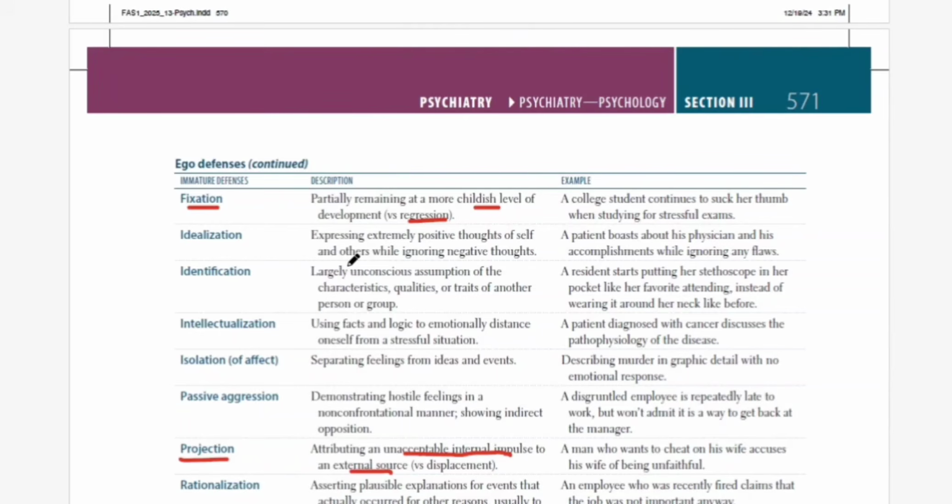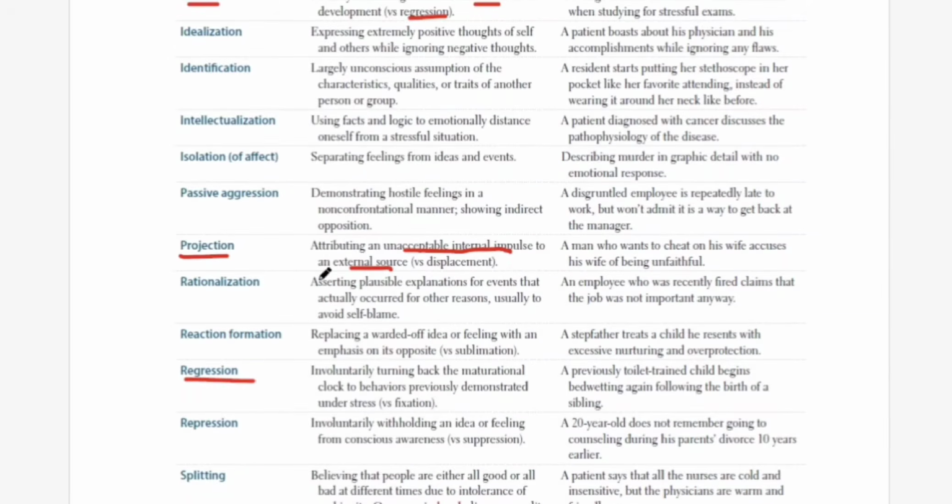This one is you are stuck at the childish behavior. It means you are arrested in some aspect of development or personality. For example, a college student who continues to suck a thumb when studying. Sucking a thumb is a childish behavior, right? And they continually do that. So that's fixation.